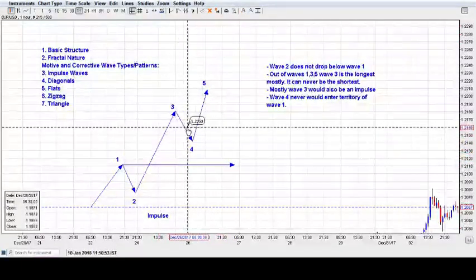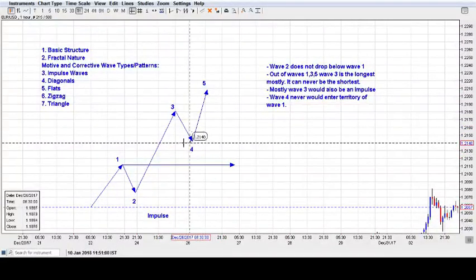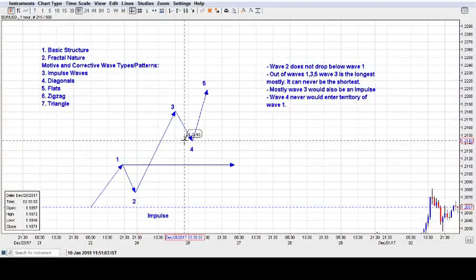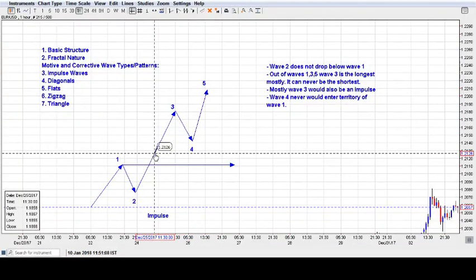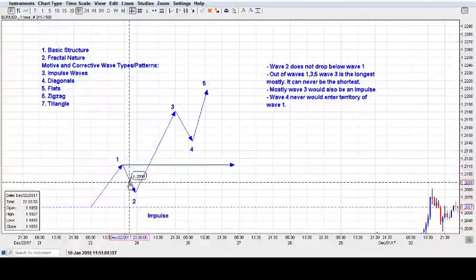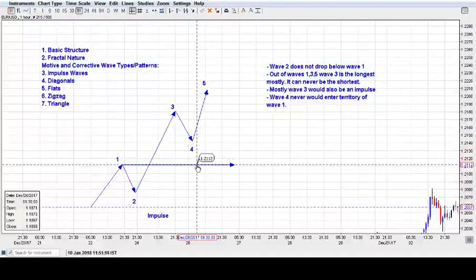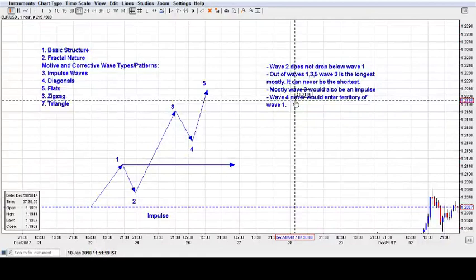Keep in mind, brothers, wave 4 terminates at the 38.2% Fibonacci support of the third wave. Normally, it might go deeper sometimes if the third wave is really extended. It could find support at 50% or 61.8% as well, but it will never override the fourth rule.